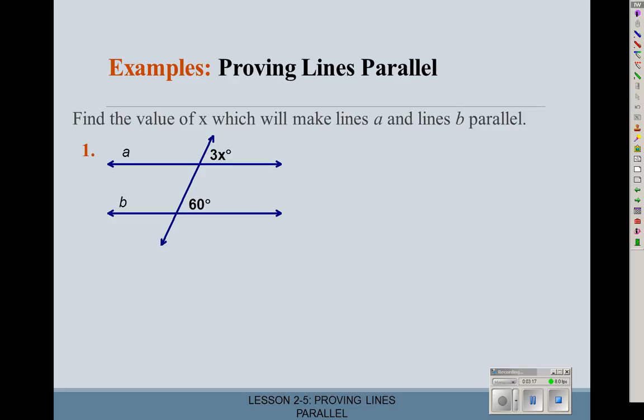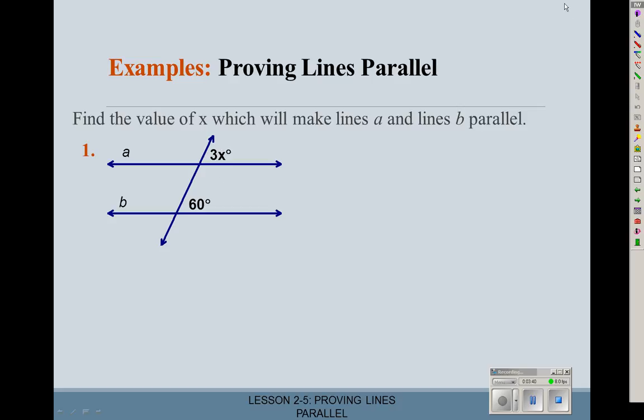You have lines cut by a transversal and a pair of angles. We want to make the lines parallel. And to make the lines parallel, we're going to make an equation. Just like before, we had parallel lines. We knew they were parallel to start, cut by a transversal. What do you know about the angles? And we would set up this same type of equation.